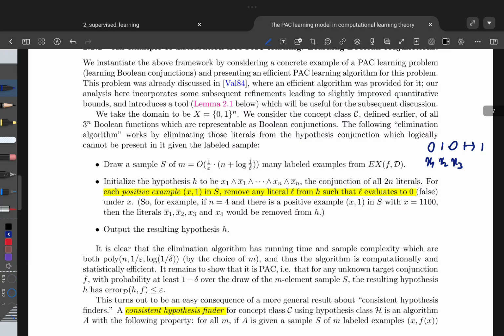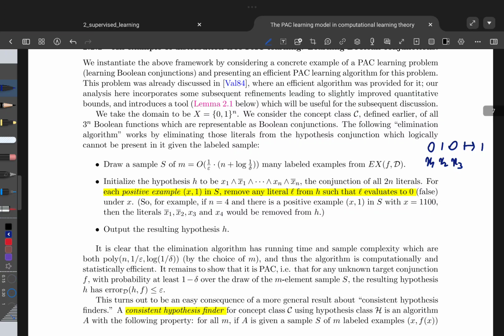I'm just eliminating those which are exactly complements of this. Yes. That can be eliminated, right?